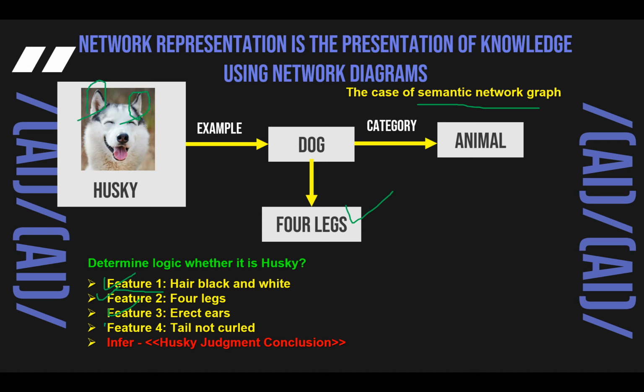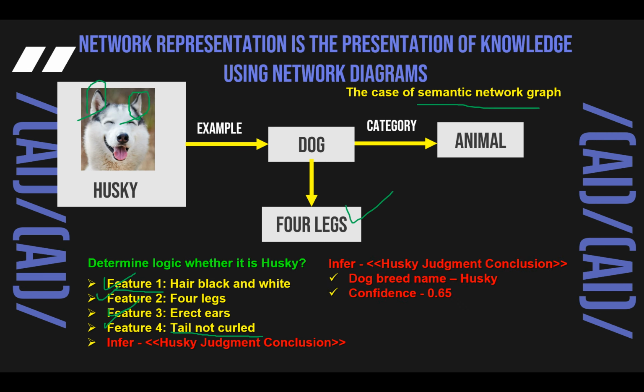Feature 4, we cannot see a tail right here, but remember husky, the tail is not curved. So they will make an inference, the husky judgment conclusion. So based on the 4 features, maybe you can make conclusions.